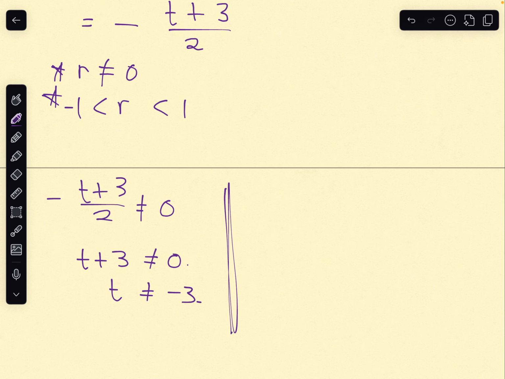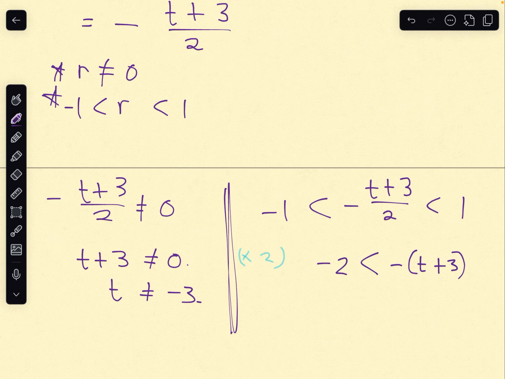So we are looking for values of t that will satisfy this inequality. Okay, so there's a nice linear inequality, meaning we can just times through by 2, for example, to get rid of this guy. So that will be -2 minus t plus 3 and 2.